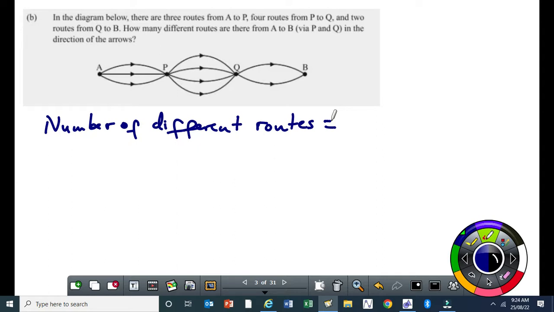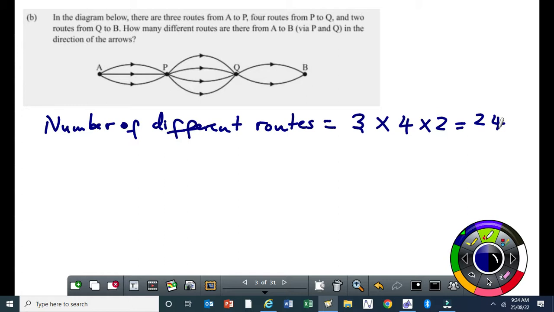The first one, we have got 3 options, then the second one, 4 options, and the last one, 2. So there are going to be 24 different options that you may have to choose to get to B.